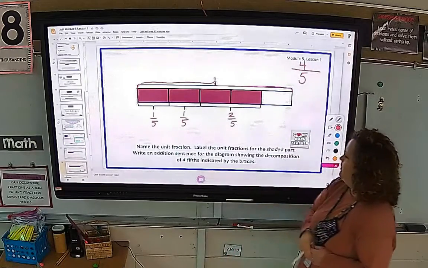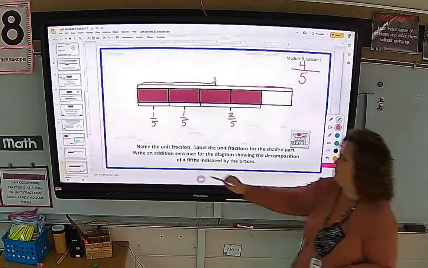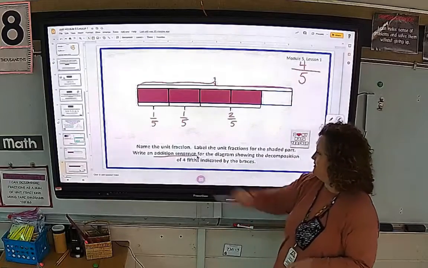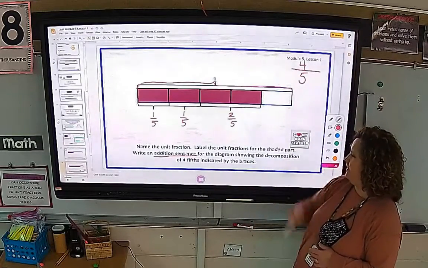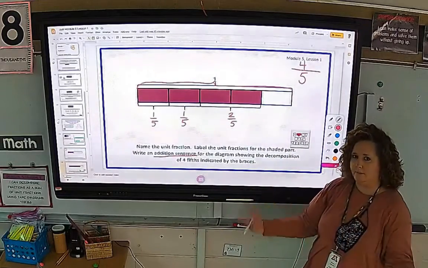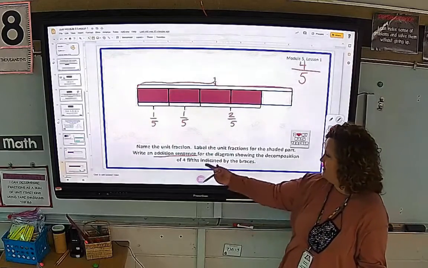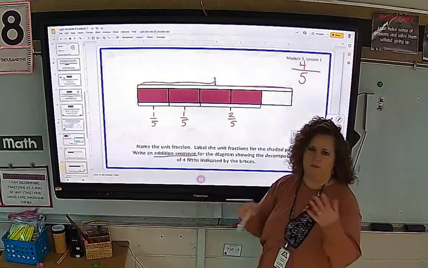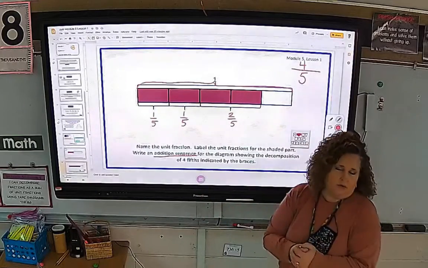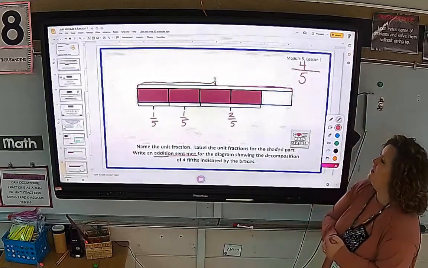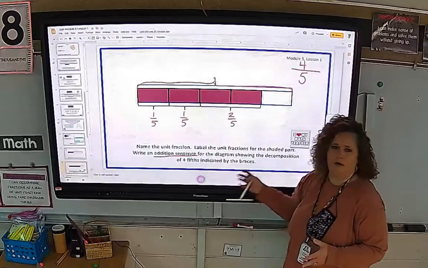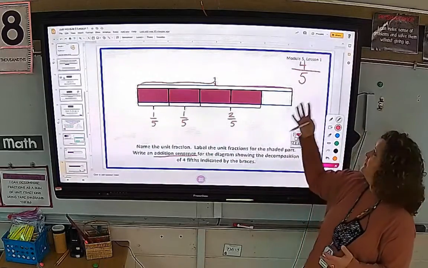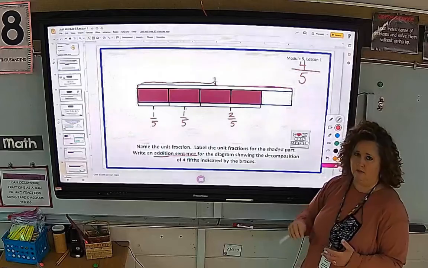Okay. Now it says, write an addition sentence for the diagram showing the decomposition of 4/5 indicated by the braces. Now they're calling the braces the brackets. They can be called by either thing. So this is a lot of big words to say, hey, make an addition sentence with all of this.